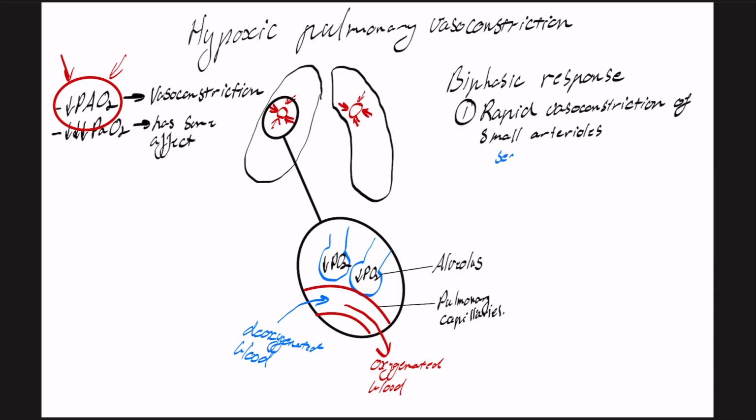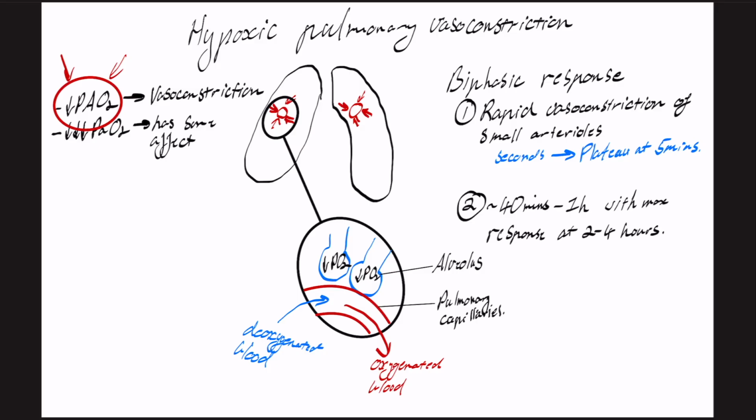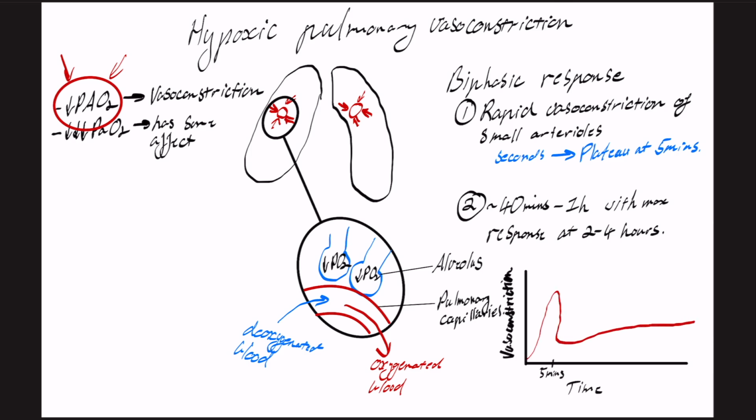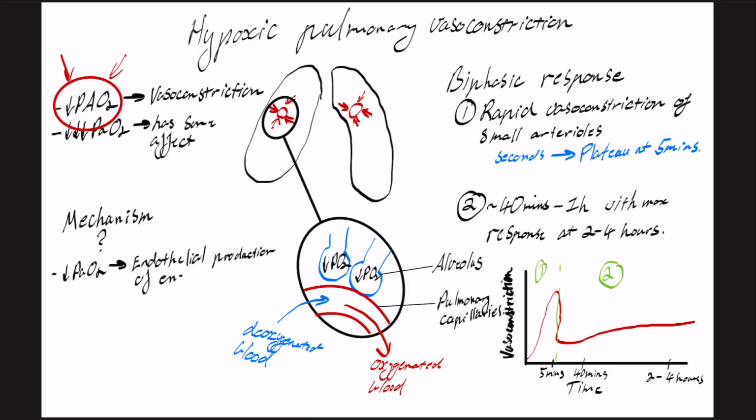There's a rapid vasoconstriction of small arterioles that begins within seconds, with a plateau that's reached at about 5 minutes. Then there's a second phase that occurs at around 40 minutes to an hour, with a maximal response at 2 to 4 hours. The mechanism is unclear. It's thought that it involves endothelial production of endothelin, which would cause vasoconstriction, or nitric oxide, which usually causes vasodilation.